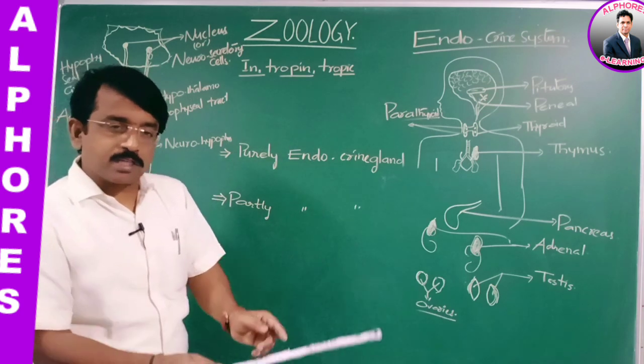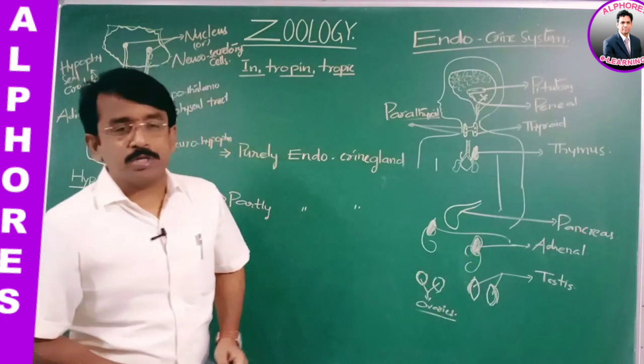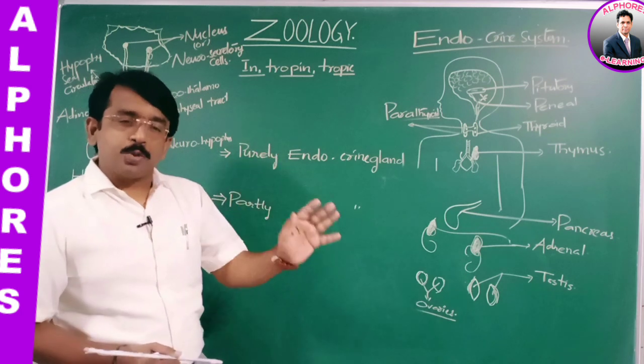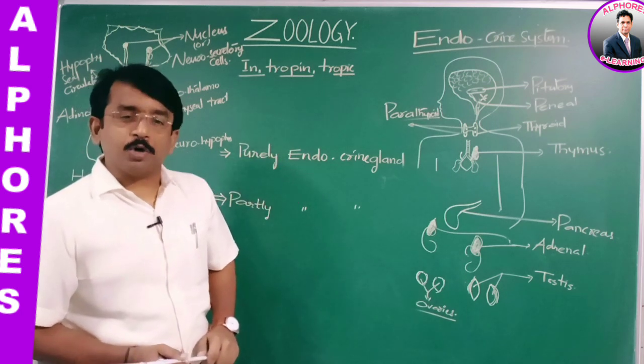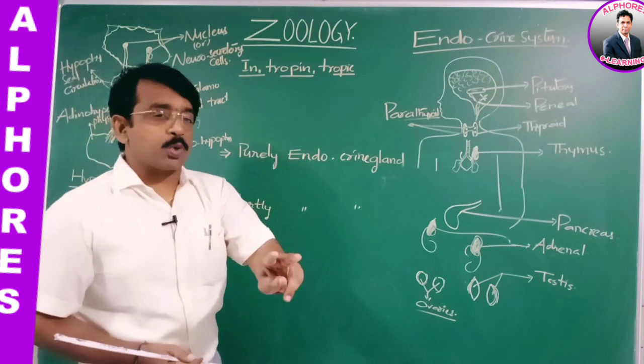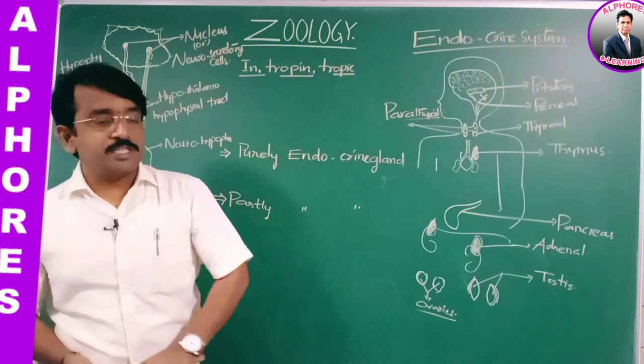So it is a duct gland, and it also releases the hormones glucagon, insulin, somatostatin and pancreatic polypeptide hormone. So it has two portions, one hormone releasing and another digestive juices.